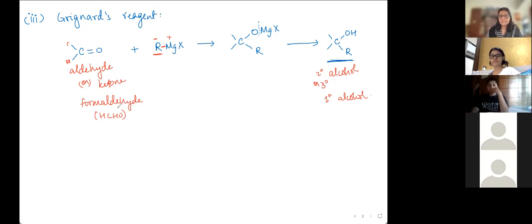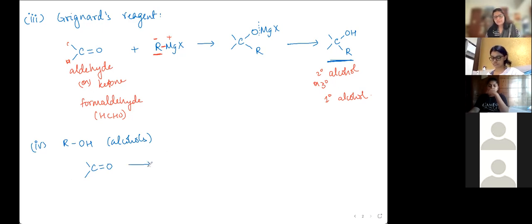The next one is nucleophilic addition of alcohols. Mechanism is essentially the same. You have an aldehyde or a ketone.